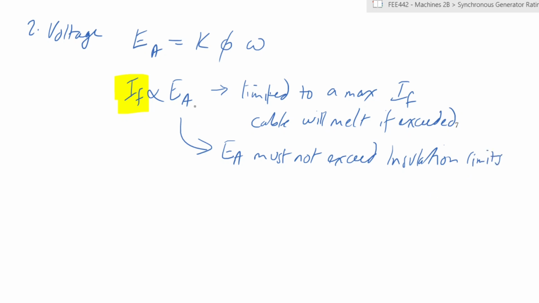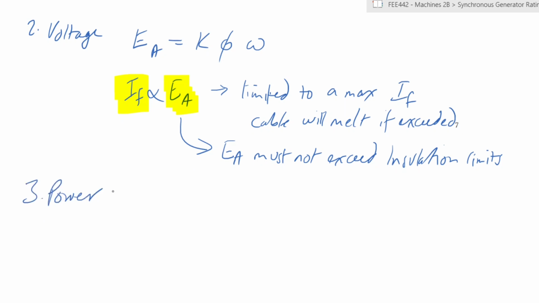So those are the two limitations to do with voltage. Voltage is directly proportional to the field current, so there's a limitation on the maximum field current that you can have. At the same time, there's a limitation on the maximum voltage that can be present within the machine. Number 3 would be power.